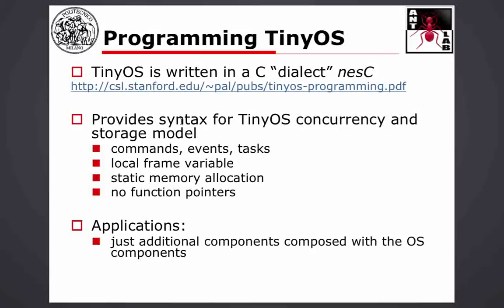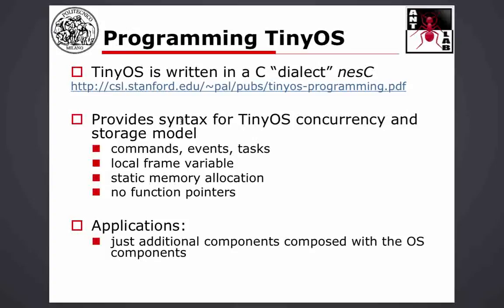First of all, let's just recap the main limitations of TinyOS. We are working with sensor networks, so we have constraints in terms of memory, processing, energy, and this kind of stuff. This translates in the operating system into basically three constraints.